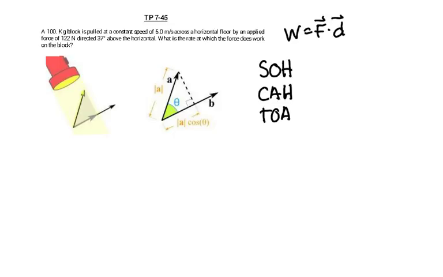Alright, so why don't you pause the video and I want you to write out this work function in terms of our vector magnitudes and our trigonometry. So take a second, use the drawing from the draw step, and express this work function in magnitudes and angles.